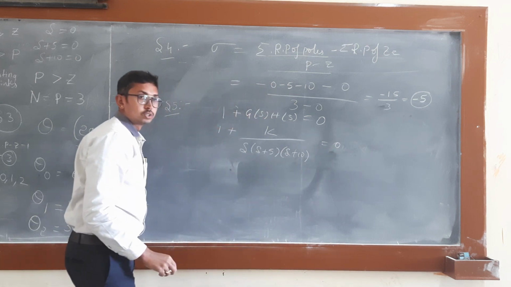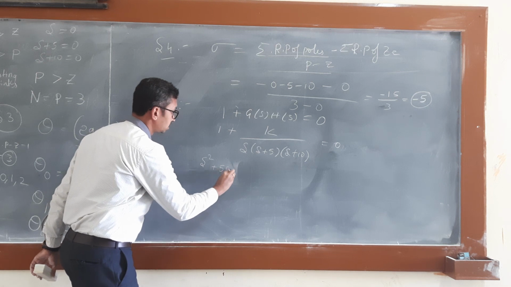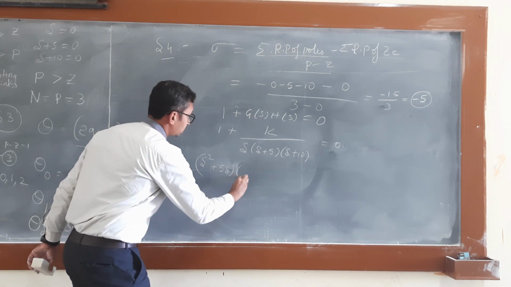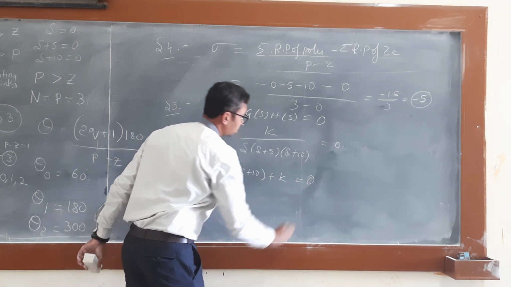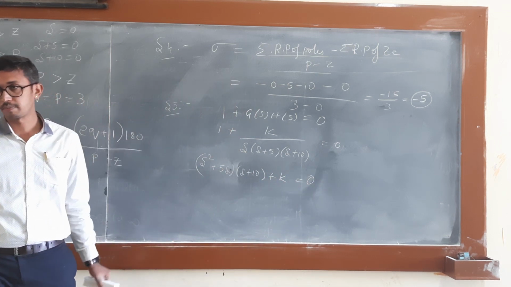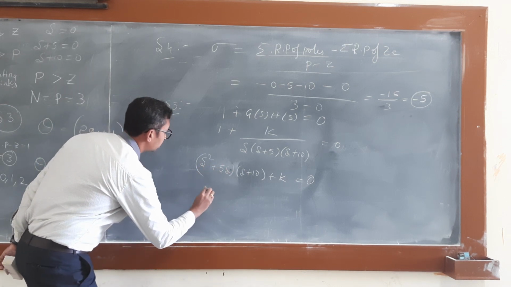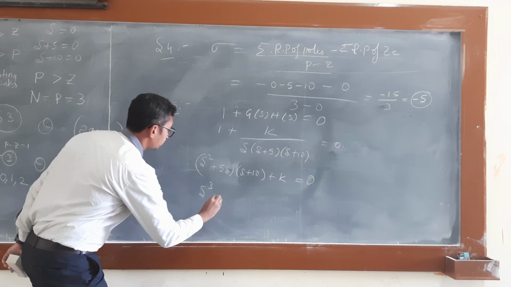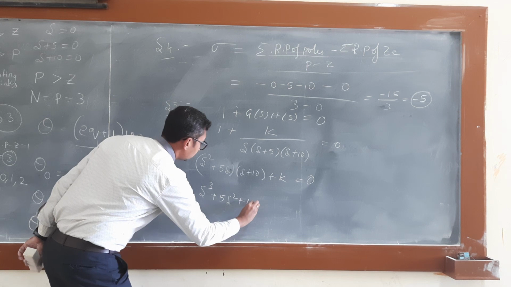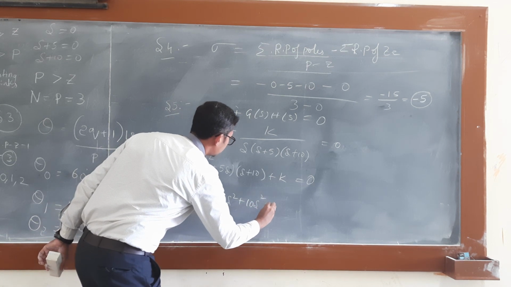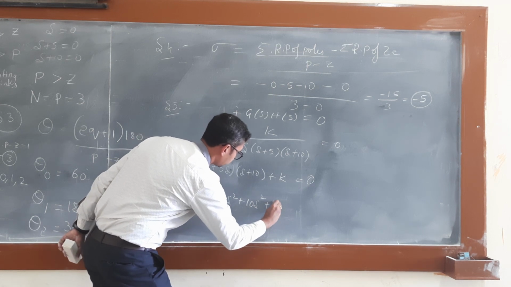is equal to 0. So this can be done as s into s plus 5 into s plus 10 plus k is equal to 0. After simplification I am writing. Okay. Next, this can be done as s cube plus 5s square plus 10s square plus 50s, right?